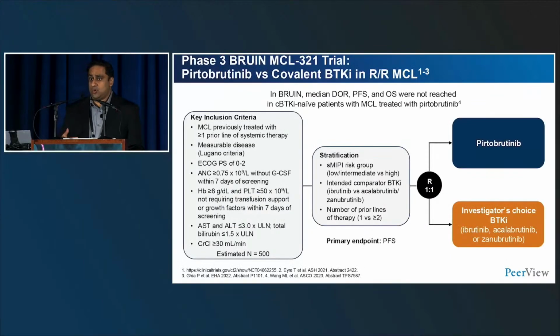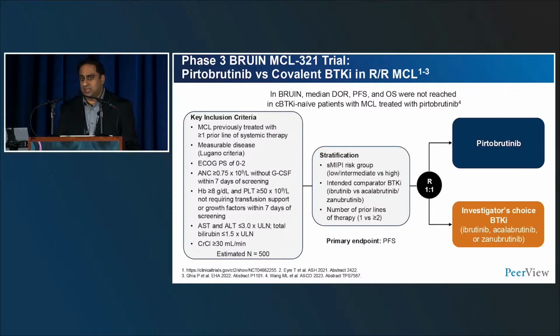The data for this drug were compelling enough that it led to the development of this very large phase 3 clinical trial called Bruin MCL, and this is going to help us make that decision. Is a non-covalent BTK inhibitor potentially a better therapeutic option as a first BTK inhibitor to give to patients with relapsed mantle?